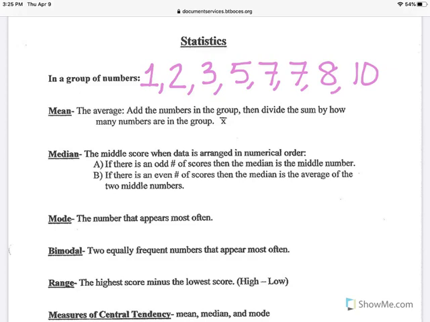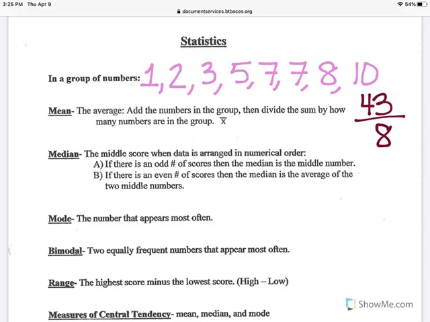We are going to add 1 plus 2 plus 3 plus 5 plus 7 plus 7 plus 8 and 10 together. When we add those all together, we should get 43. Then we divide 43 by the number of items in this group, and there are 8 total numbers, so we will figure out our average.